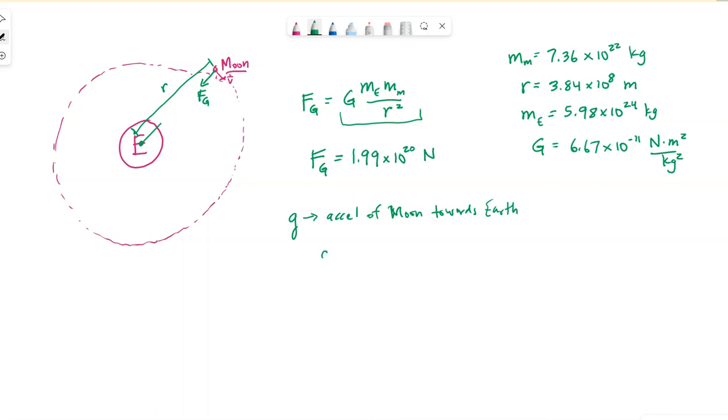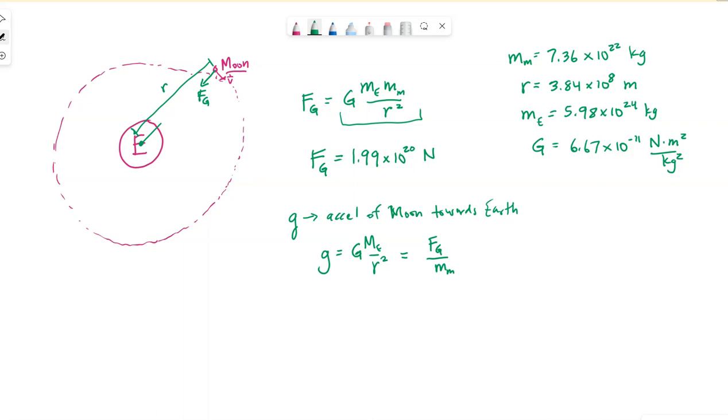I can either calculate that using big G, mass of the Earth, radius of the orbit squared, or I can go ahead and just take the force of gravity we just calculated and divide by the mass of the moon. The acceleration of gravity that the moon experiences towards the Earth is independent of its own mass.